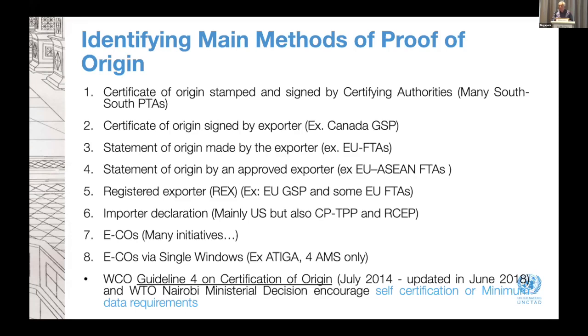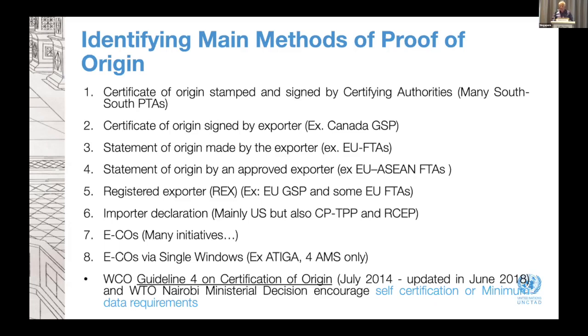In many European Union free trade area agreements, the exporter can simply self-certify that the good is originating. Or you can have a variation of this, where not all exporters are allowed to provide a self-certification, but only approved exporters. Approved exporters are entitled by customs to make such a statement of origin.